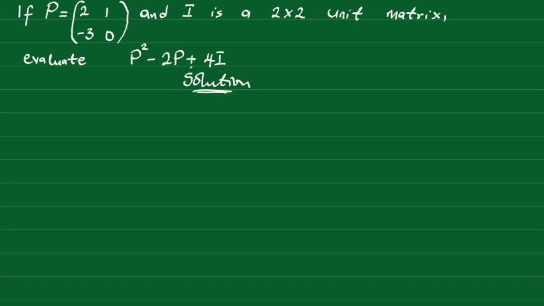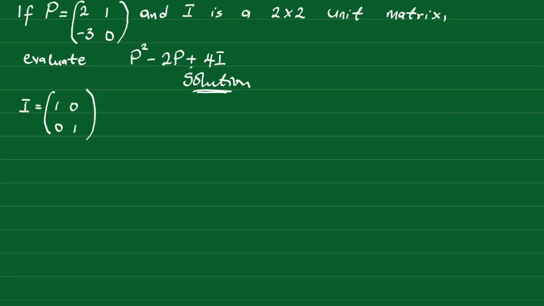Next, we take note of the fact that the 2 by 2 identity matrix I is equal to (1, 0; 0, 1).